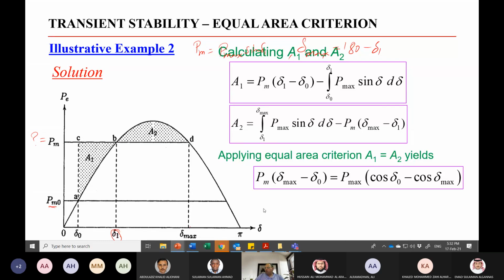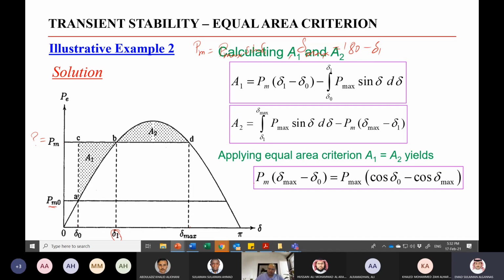So let me ask you, what is the unknown variable here? In solving this equation, what is known, what is unknown? Can anybody tell us what do we have here and what we don't have as a numerical value? Ahmad Al-Qannas. Yes, Doctor.